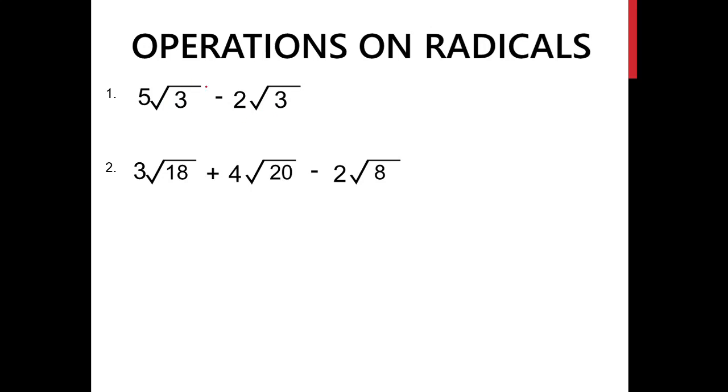Now notice the square root of 3, this term here has a similar radical to this term here. So the same as polynomials, we can directly subtract this one. So we only need to subtract the numerical coefficient. So that's 5 minus 2, that's 3, and then copy the variable, which is the radical.